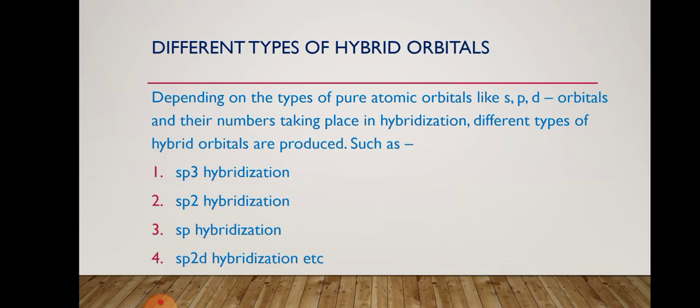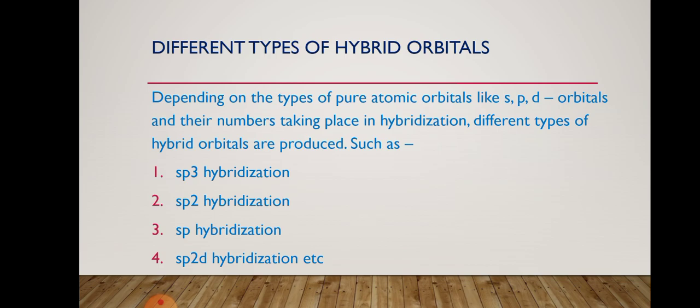Now I would like to discuss different types of hybrid orbitals. Depending on the types of pure atomic orbitals like s, p, d orbitals and their numbers taking place in hybridization, different types of hybrid orbitals are produced.